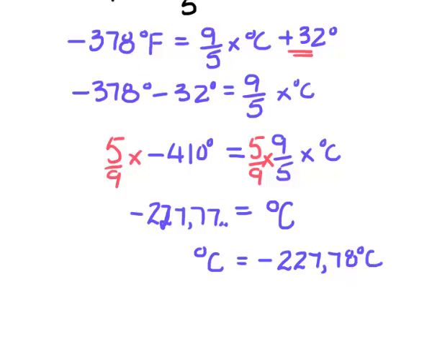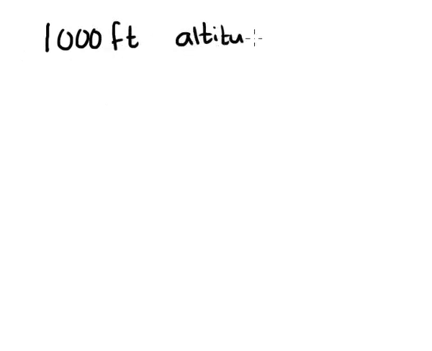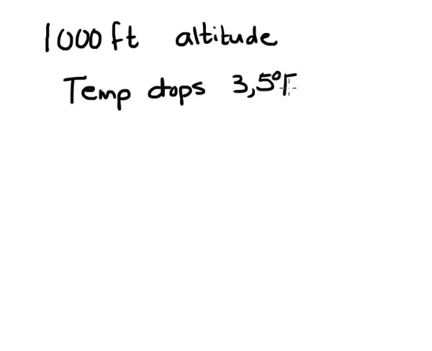Okay, let's look at one more example. A general rule of thumb, in other words a rule that we can generally use, that is used by pilots, is that for every 1,000 feet of altitude, in other words, every 1,000 feet that they go up, the temperature drops by 3.5 degrees Fahrenheit. So the plane is going up, and every 1,000 feet up, it goes down by 3.5 degrees.